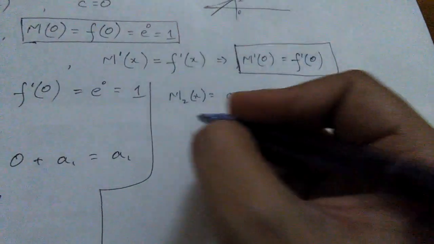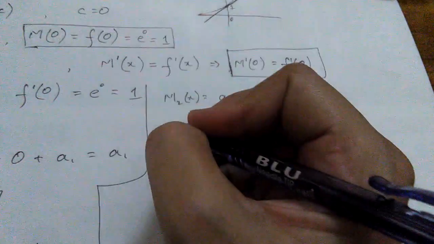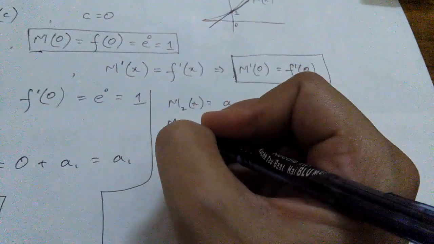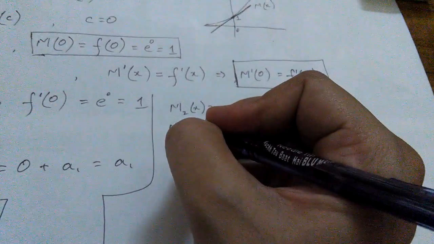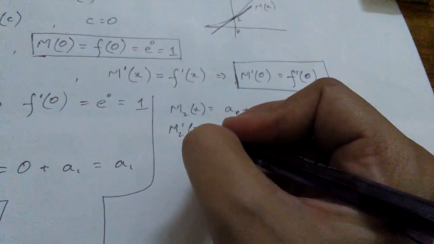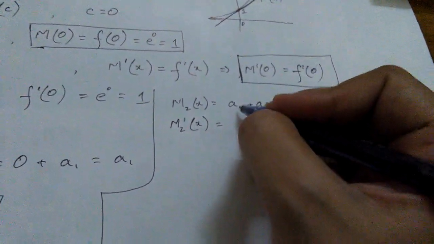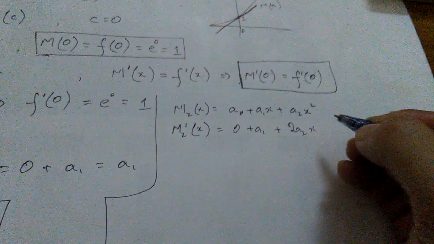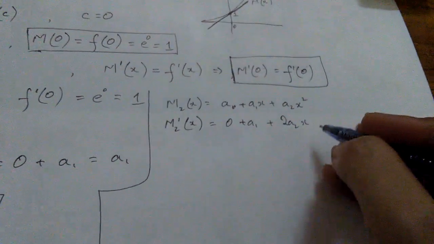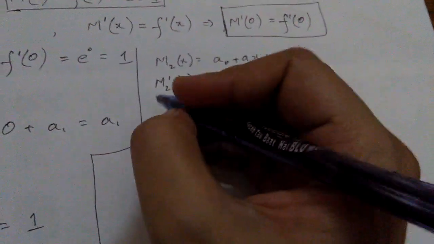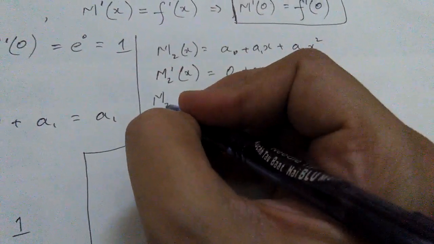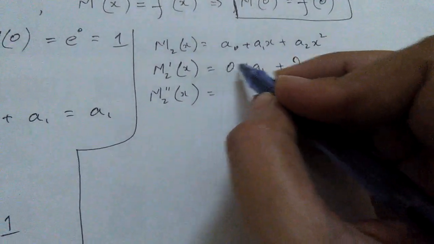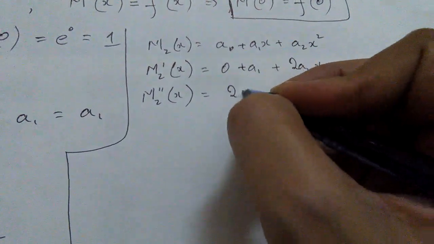So now, if I try to find out the derivative of this function, it is going to be 0 plus a1 plus 2a2x. This is the first derivative. And this is the second derivative. The second derivative should also exist, and so forth. Once I differentiate this equation, I'm getting 2a2 here.